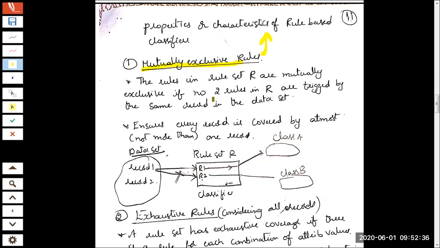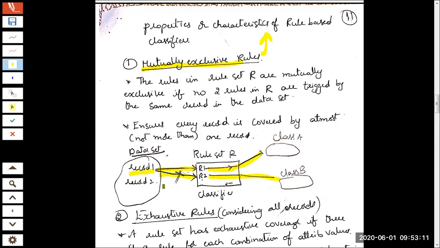Rules in a rule set are mutually exclusive if no two rules in R are triggered by the same record, taking it to a specific class. Meaning that a single record, for example record 1, should not trigger both rule 1 and rule 2, where rule 1 takes you to class A and rule 2 takes you to class B. If this happens, it is not mutually exclusive.